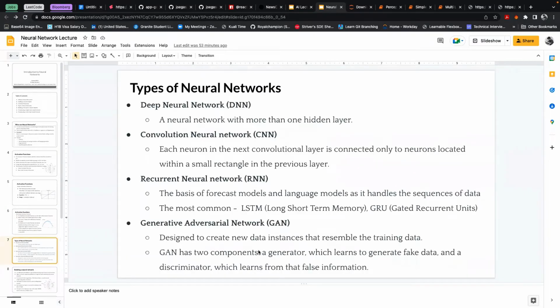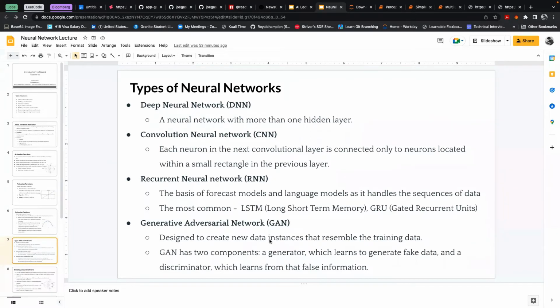Now coming to the types of neural networks. First one is deep neural network, or more commonly known as neural network. It is basically a neural network with more than one hidden layer. Next is convolutional neural network. In a convolutional neural network, each neuron in the next convolutional layer is connected only to the neurons located within a small rectangle in the previous layer.